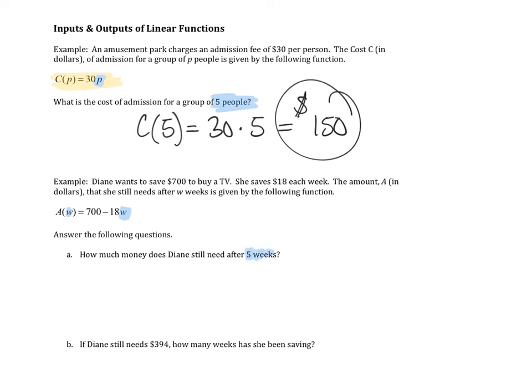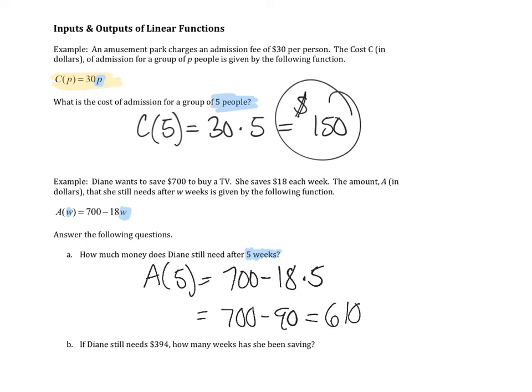Well, 5 here is going to be plugged in for the W, so we're going to do the same thing we just did in the previous one. So A of 5 is equal to 700 minus 18 times 5. And if you do that on the calculator, you have 18 times 5 is 90. So you have 700 minus 90 is 610. So that's how much money she needs after 5 weeks.